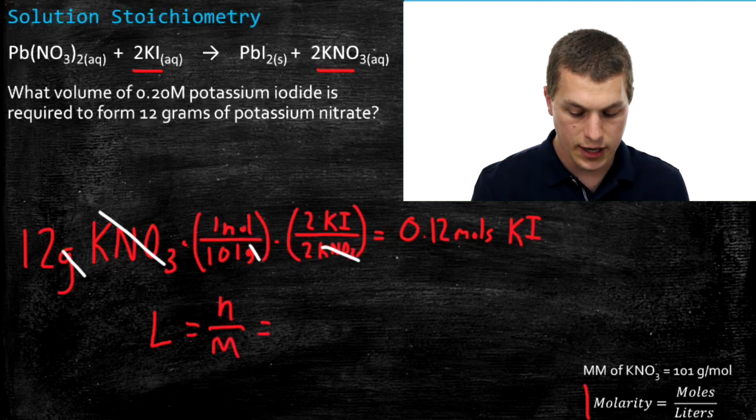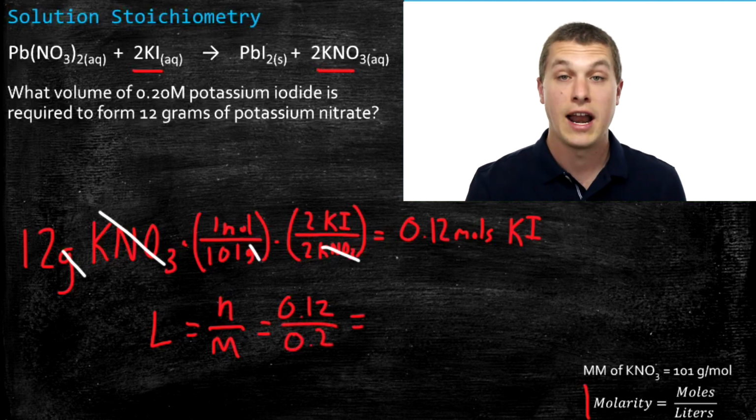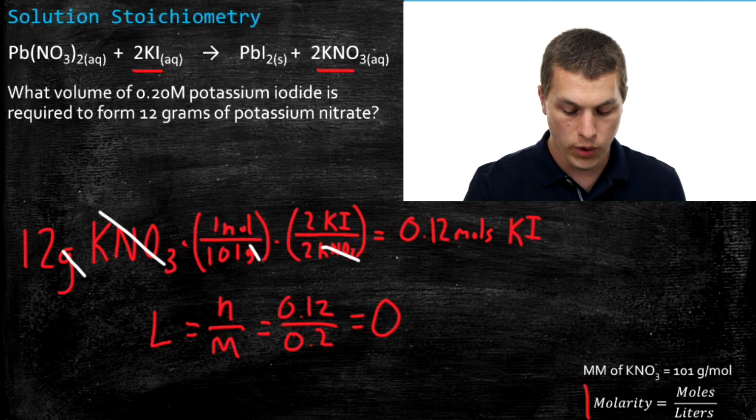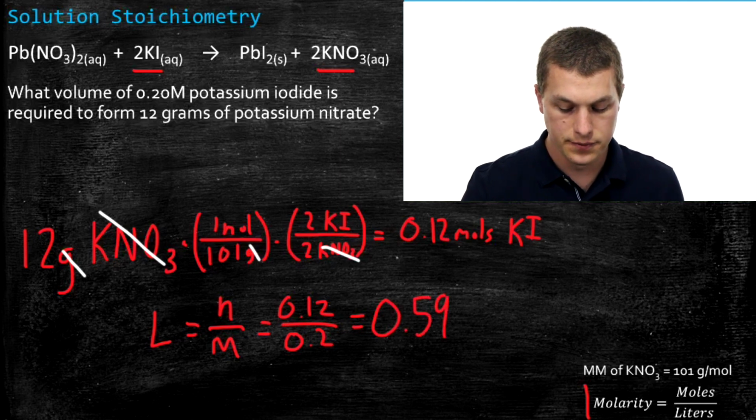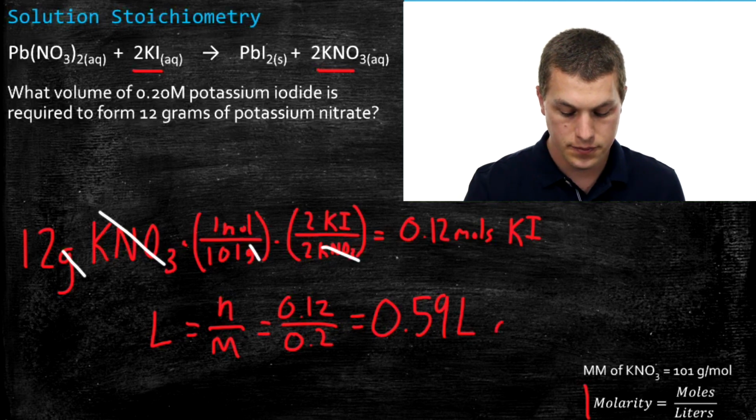And so if we take our moles, 0.12, and we divide it by our molarity, 0.2, we'll get out that we need 0.59 liters of our potassium iodide. And so that's the answer to our question.